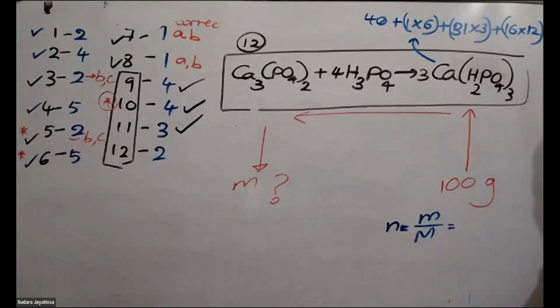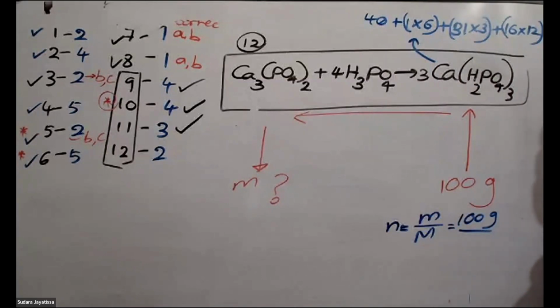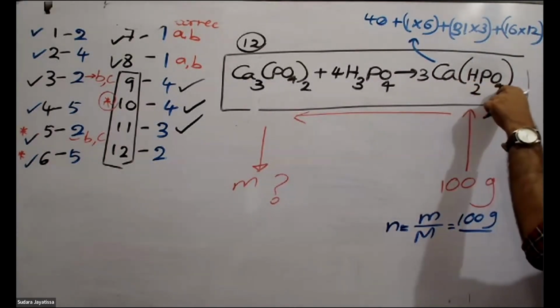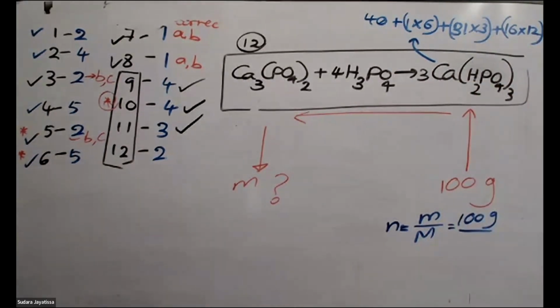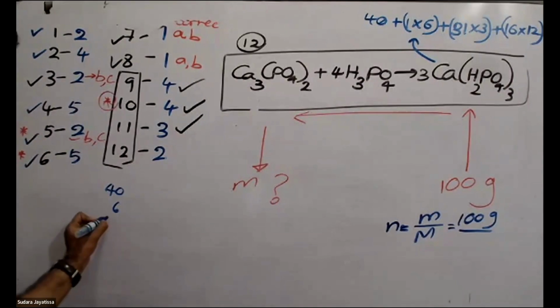16 into 12. Okay. So if you add them up, you can get the molar mass of this one. So what is the molar mass of this? Did anyone find that one? We can save some time. What is the molar mass of this compound? 40 plus 6, 31 into 3 means 93.